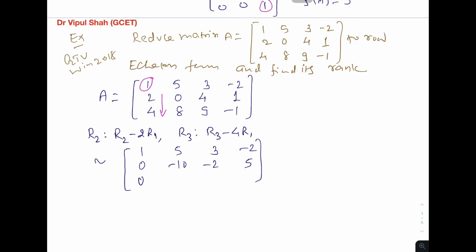So -4 plus 4, 0, -20 plus 8, -12, then -12 plus 9, -3, and 4 into 8... and -1, so that is 7.